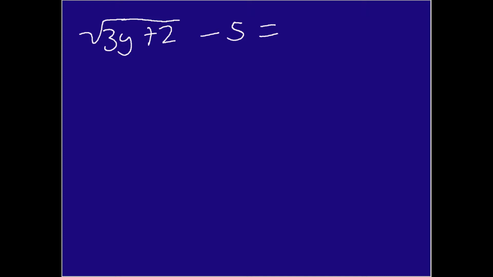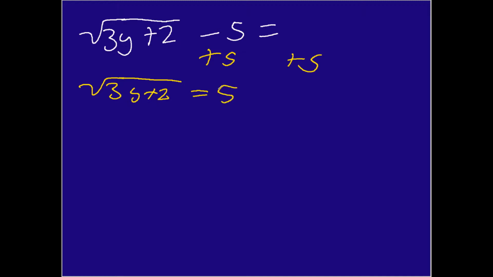So the first thing we want to do is add 5 to both sides. In other words, we want to isolate the radical. And so now we're left with the square root of 3y plus 2 equals 5.